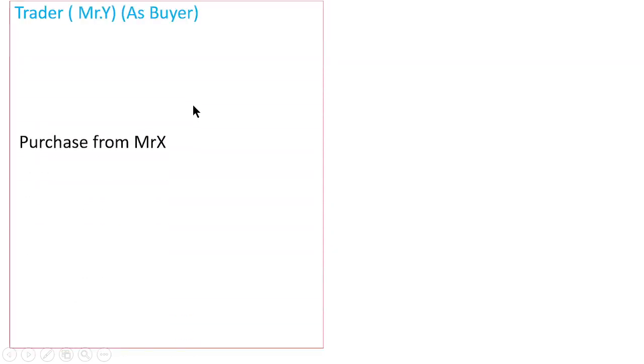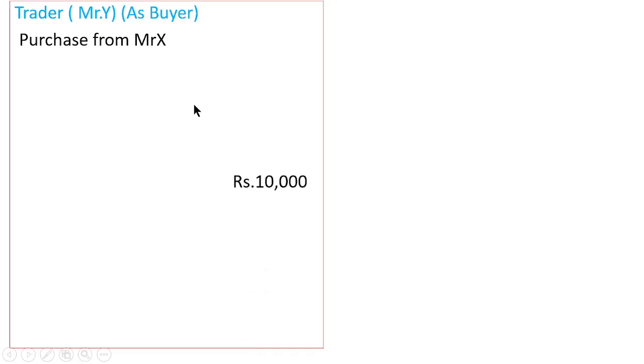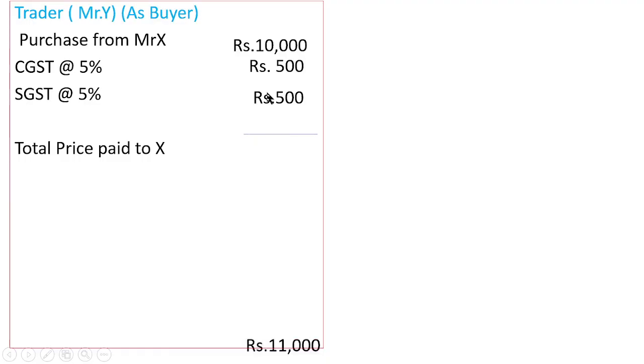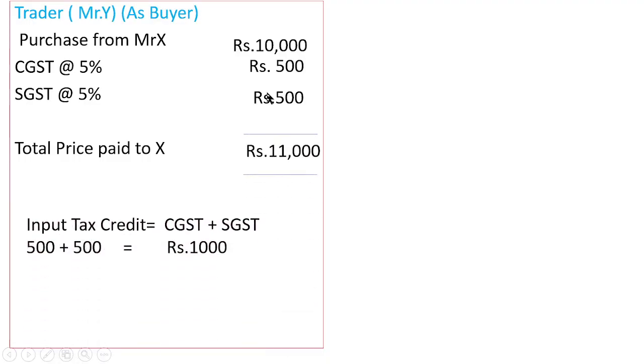Next, the same sales in the books of Mr. Y. So in the example, he is purchasing goods from Mr. X. How much? 10,000. CGST paid is 500, SGST paid is 500. So the total amount paid is 11,000.